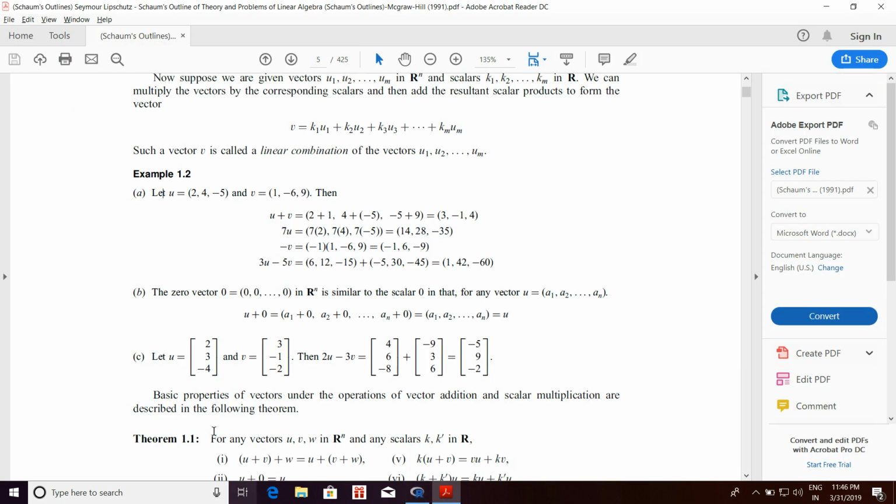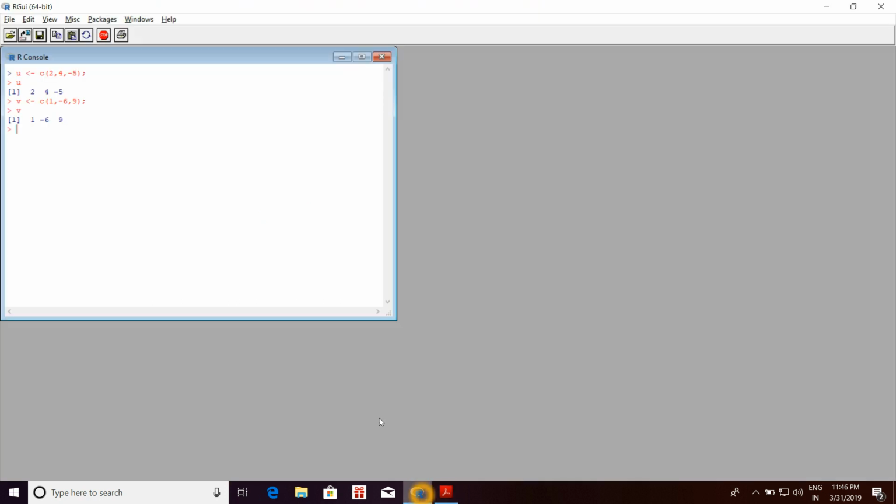So in the first example we have to do u plus v. In R we can just use arithmetic operators as you do in scalars.